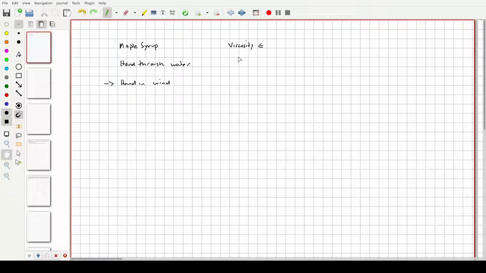Now, the form of this force that's generated by this drag typically is proportional to the velocity, or it's proportional to the velocity squared. Okay. Now, which one is it? Well, it depends upon the characteristics of the fluid and also upon the characteristics of the thing that's dragging through it.